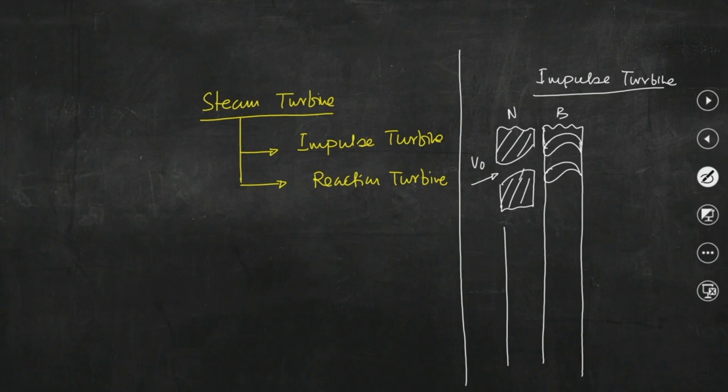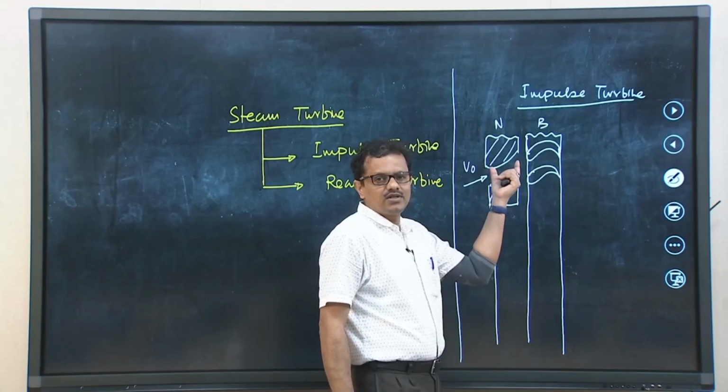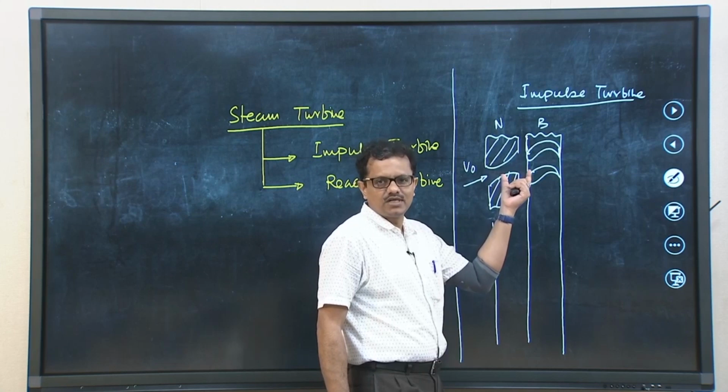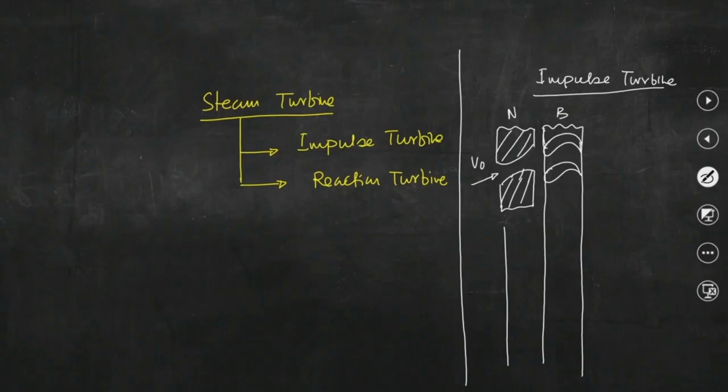You can see the shape is just like a flow nozzle, convergent divergent type, that we have discussed. When steam is allowed to expand inside the nozzle, its velocity will increase at the cost of the pressure drop, that we know.